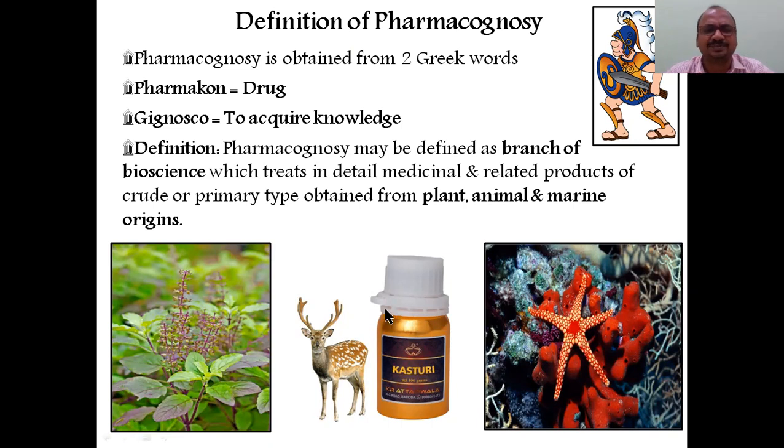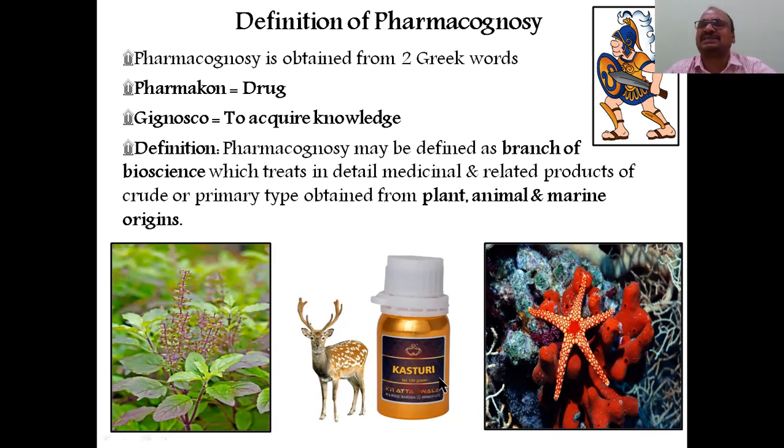See here, Kasturi. It is obtained from the navel of this deer, called the Kasturi deer, having wonderful medicinal properties. Anybody can find Kasturi; they use it to wear like a bindi, like gents.